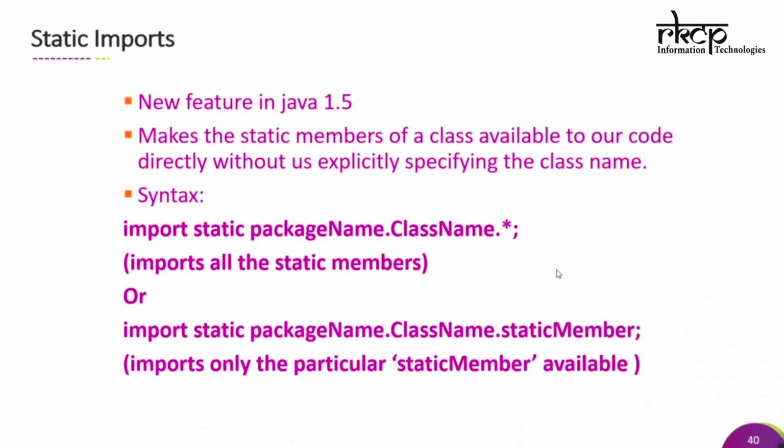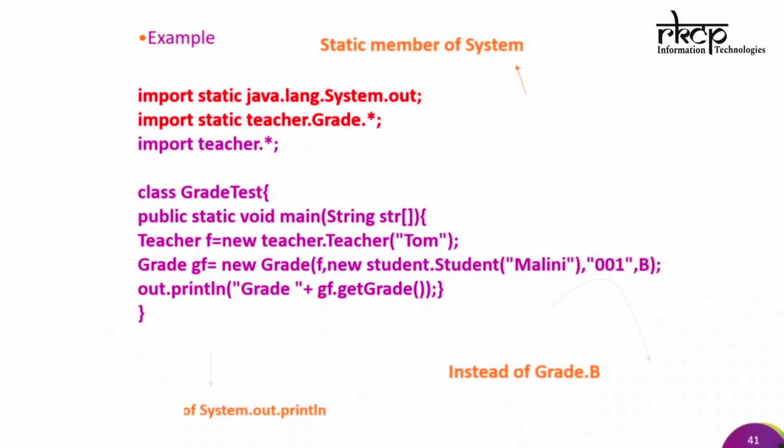Then all the static information of that class will come to you and you can use it directly. For example, I'm going to import static java.lang.System.out. This out is a static member. Now anywhere in my program I can use out.println directly, in place of writing System.out.println.